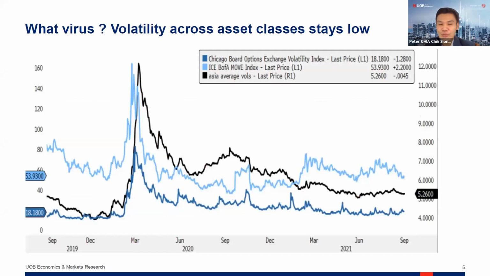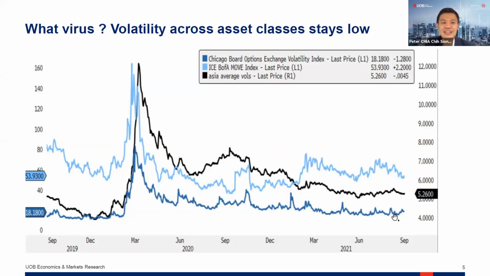And before we get to that, you can see volatility. There's a big spike of volatility last March. And after that, because of the huge amount of liquidity being pumped in by the Fed and the global central banks, volatility is non-existent. We are back to where, as if the virus is not in the system at all. To give you some examples, the VIX, which is the darker blue line over here, is at 18.